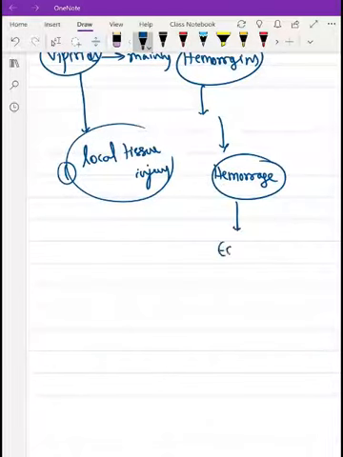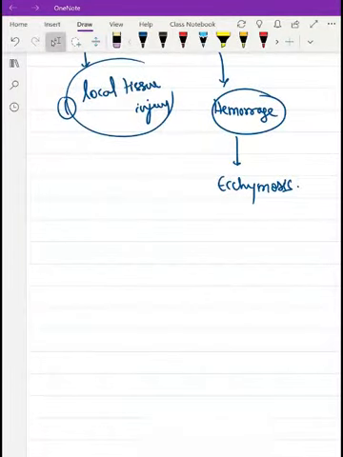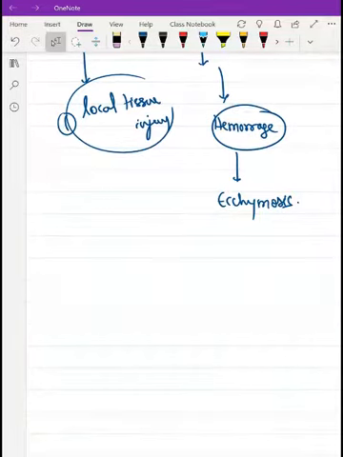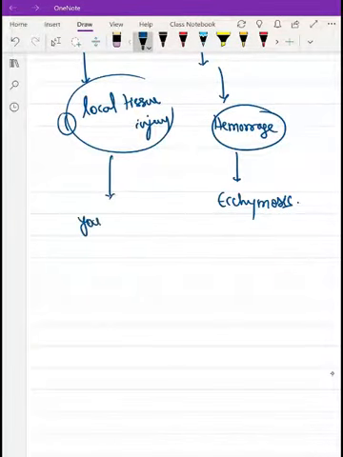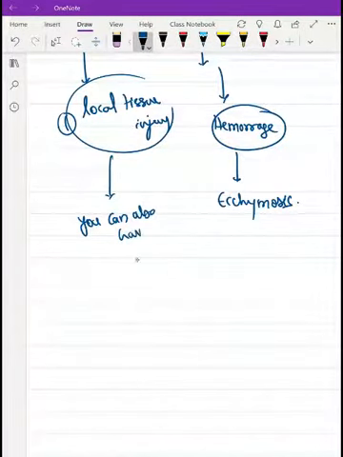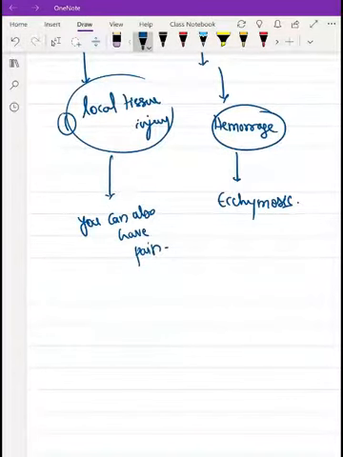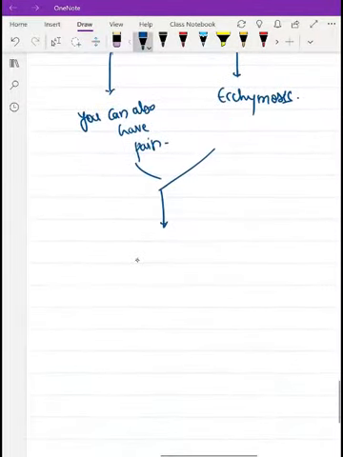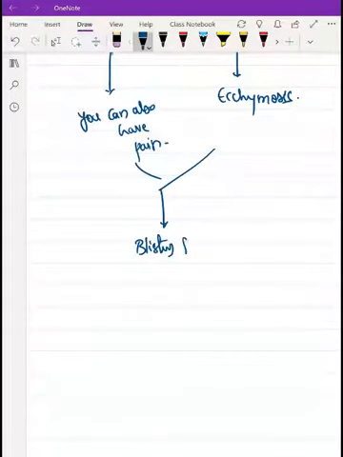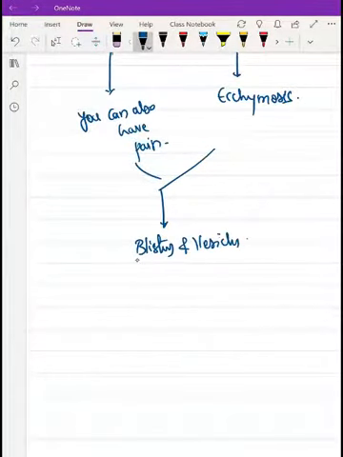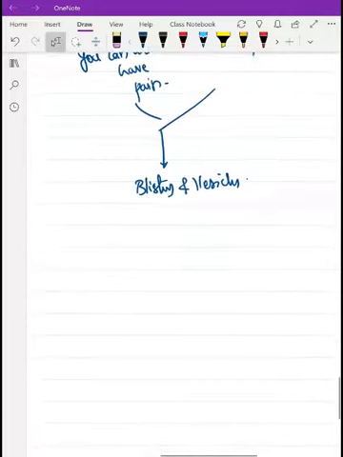You can see ecchymosis, as there is tissue injury. You can also have pain. After a few days, you can have even blisters and vesicles. These are the local findings.